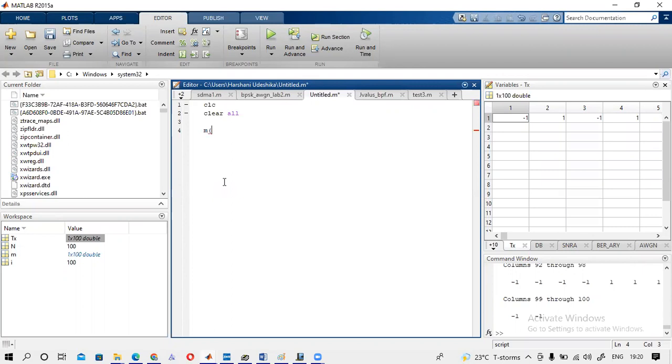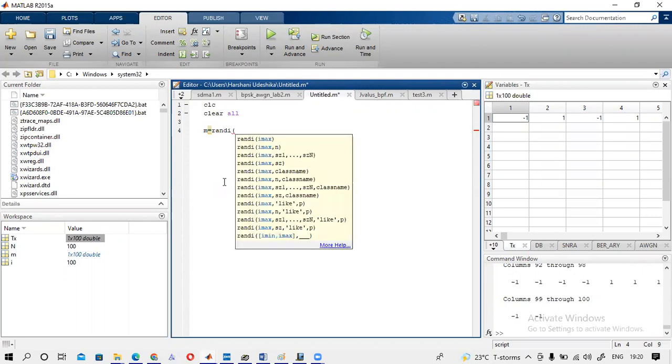We already seen this, I use randi in the Matlab code.